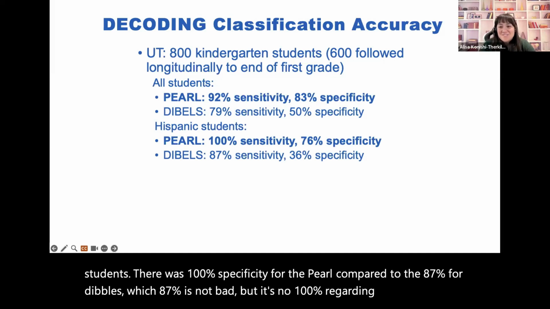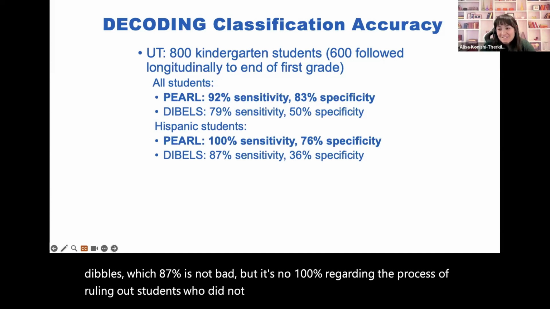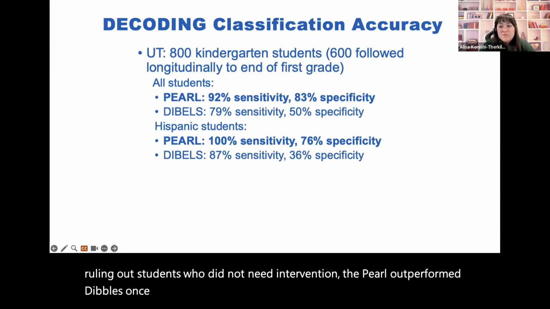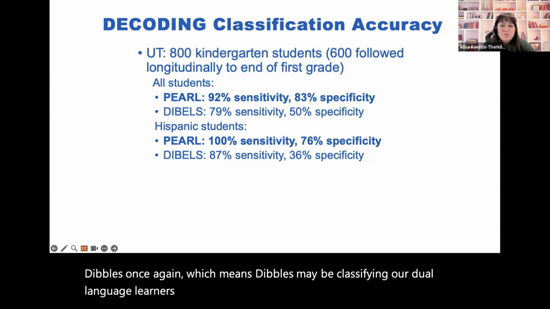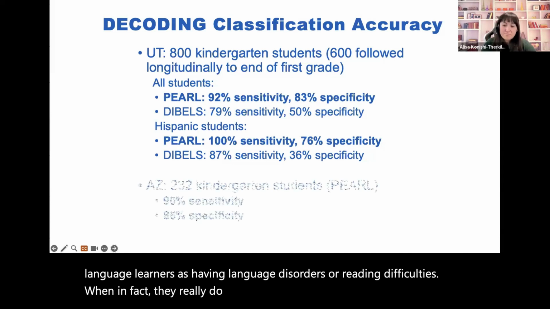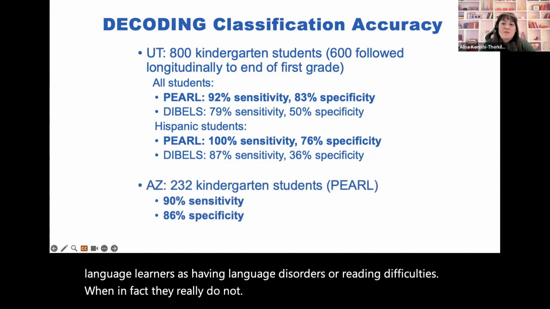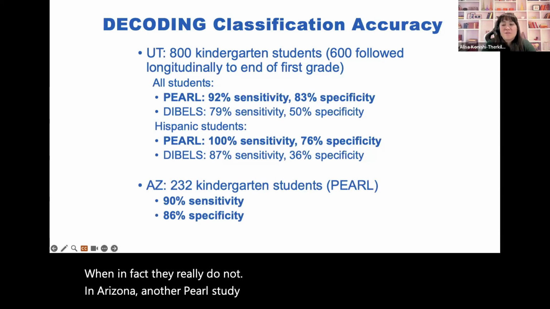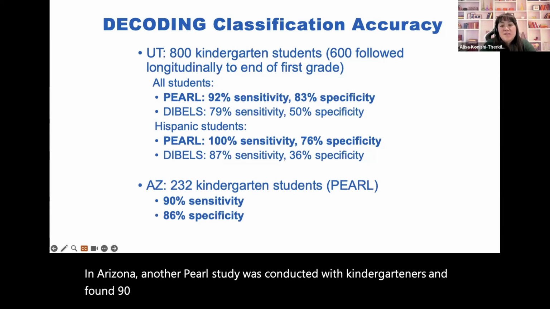Regarding the process of ruling out students who did not need intervention, the Pearl outperformed Dibbles once again, which means Dibbles may be classifying our dual language learners as having language disorders or reading difficulties, when in fact, they really do not. In Arizona, another Pearl study was conducted with kindergartners and found 90% sensitivity and 86% specificity.